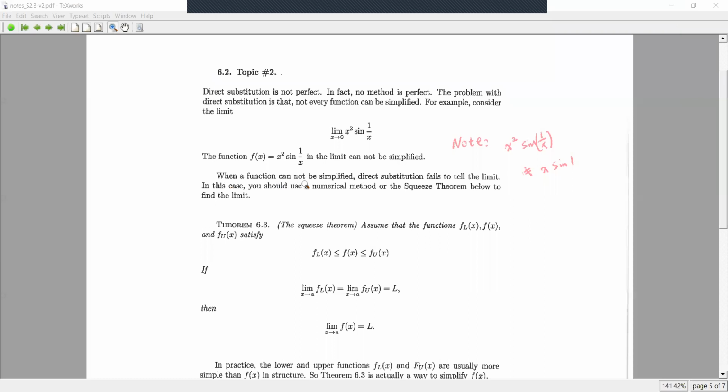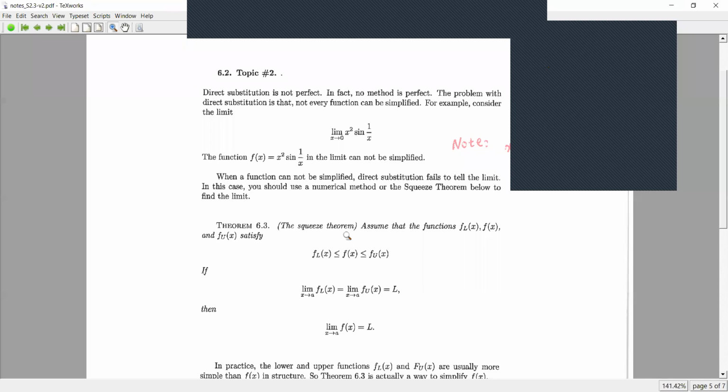When a function cannot be simplified, direct substitution fails to tell the limit. In this case, you should use a numerical method, namely use a table to find the limit, or use the squeeze theorem below to find the limit.